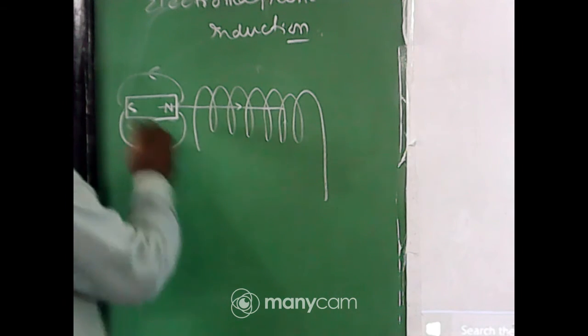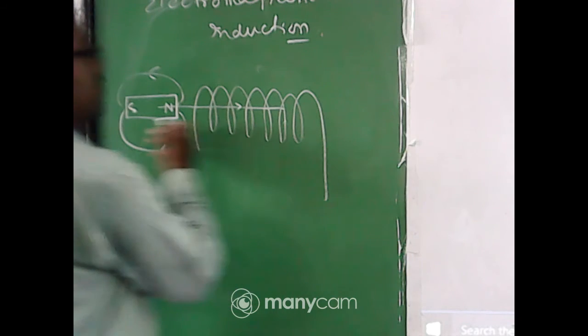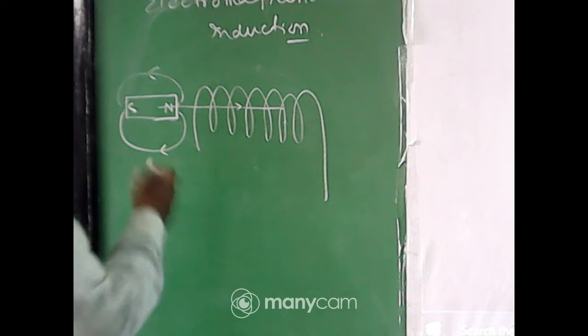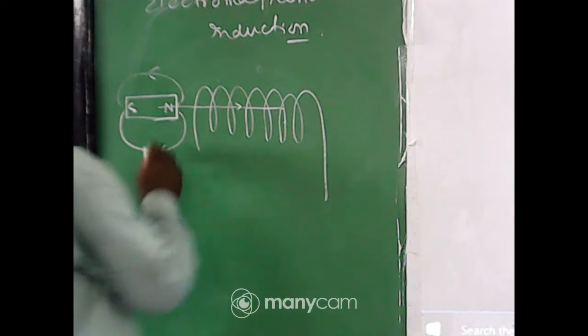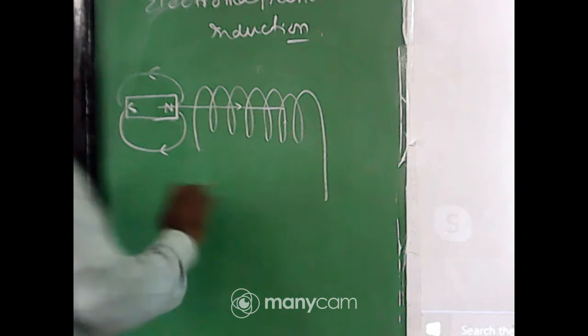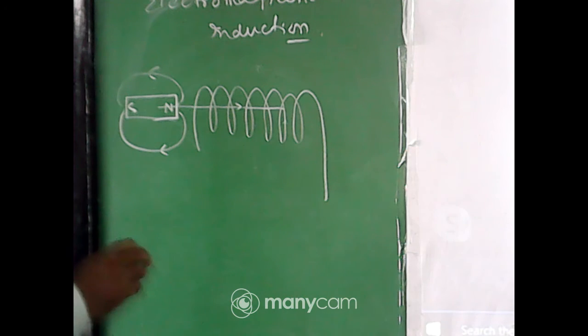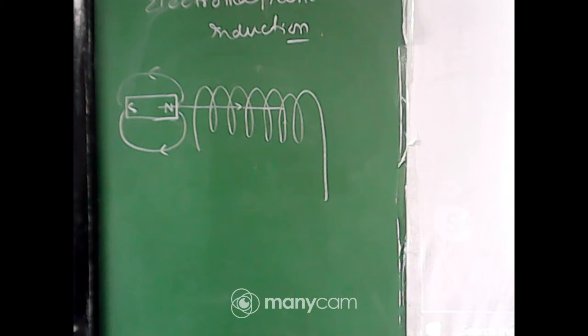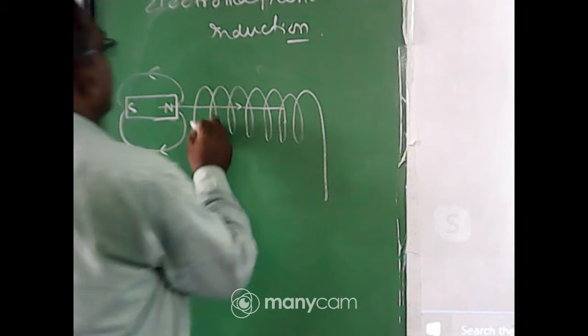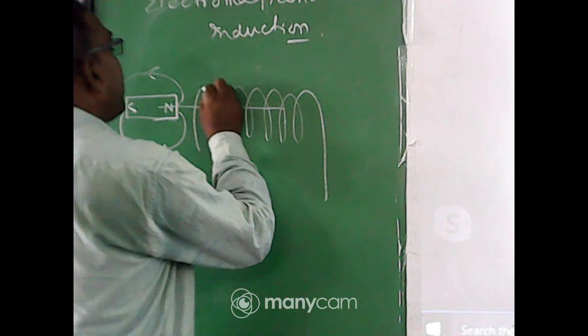If the magnet is at rest, the coil is just moving on it. If magnet and coil both are moving, but their velocities are different, that means the relative velocities are there. That time a current will be created in the coil.